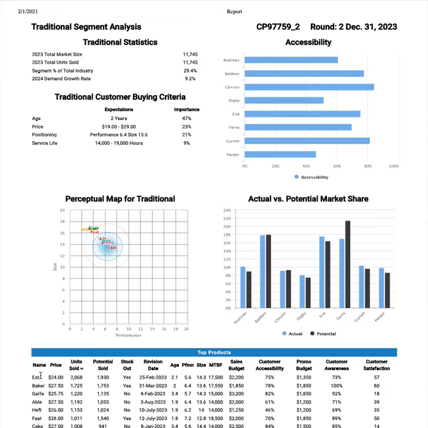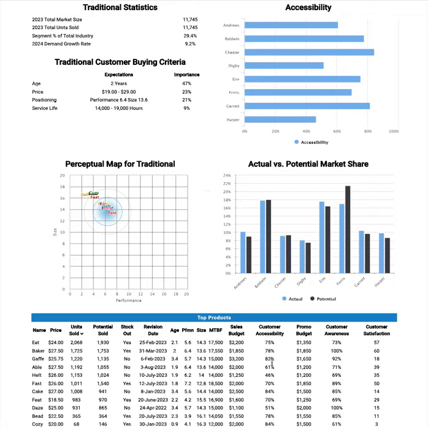Then you can find out how much your team is going to produce. That is just under ideal circumstances your team can sell, but at the same time, you need to improve customer accessibility, awareness, and customer satisfaction, right, to make the best sales.